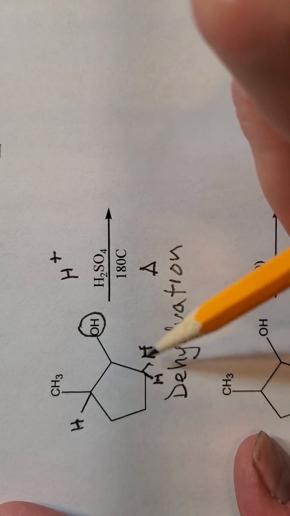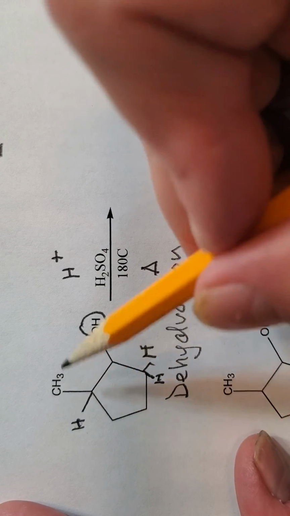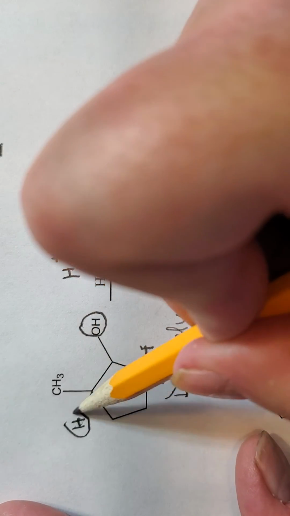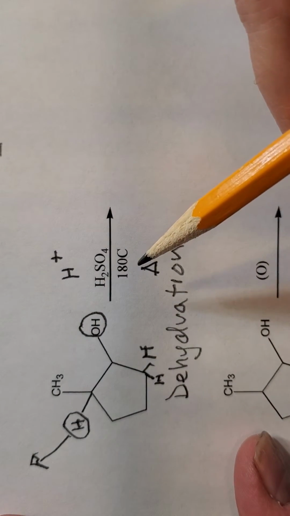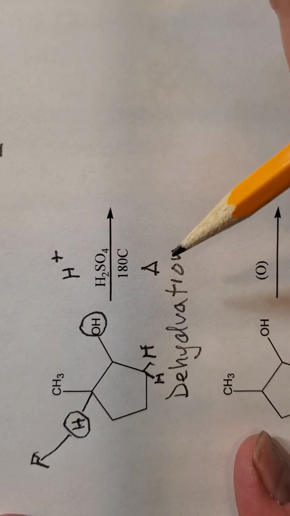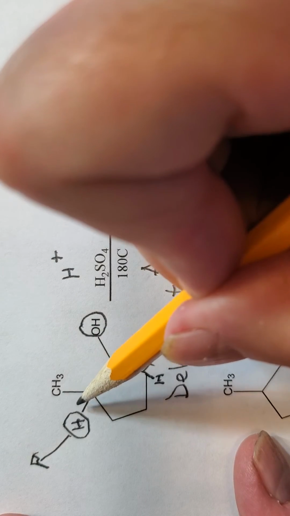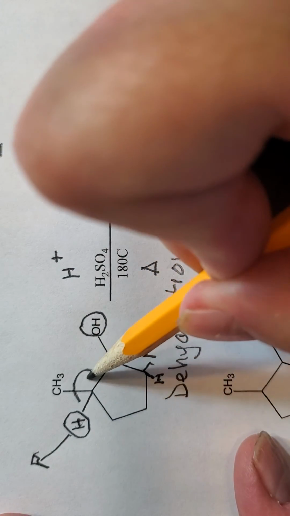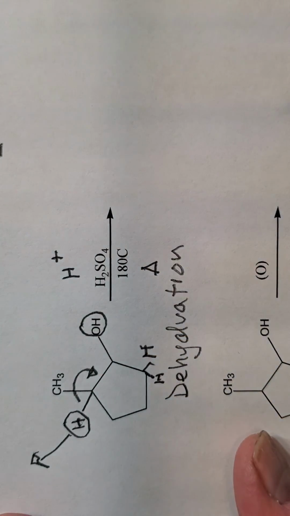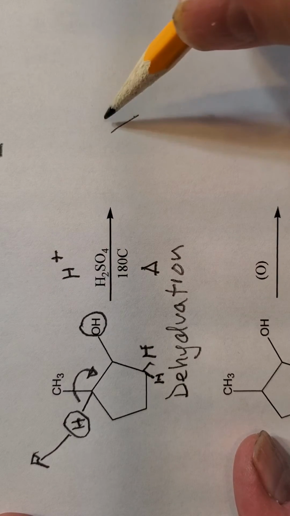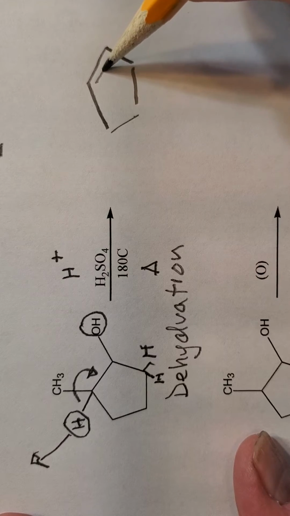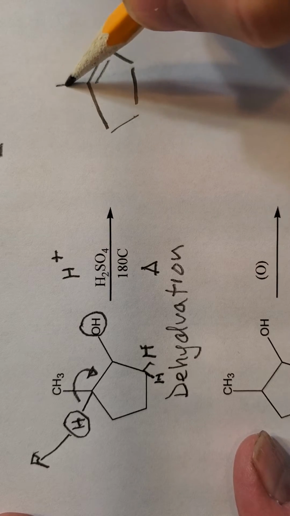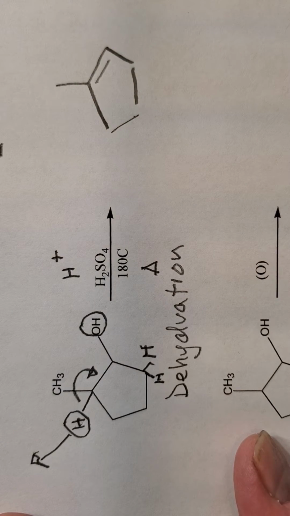So this carbon has 2 hydrogens, this carbon has 1 hydrogen, so we're going to pull off this. And that bond is going to go there. So here is our answer. There's our answer.